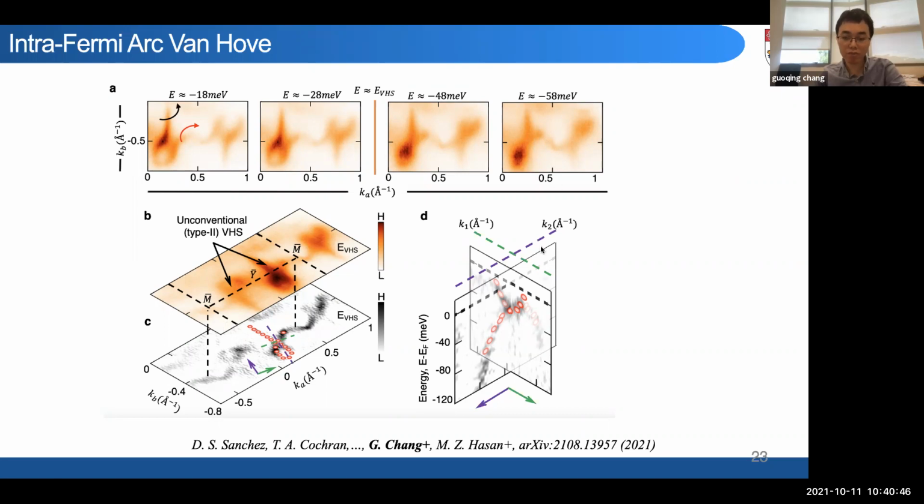To demonstrate this, we plot the E-K dispersion passing through this potential Van Hove singularity point. Along the K1 direction, we see a hole-like band structure. Along the K2 direction, we see an electron-like structure. So this is a direct observation of this saddle point structure from the Van Hove singularity points.